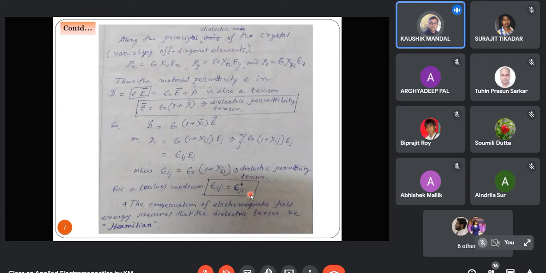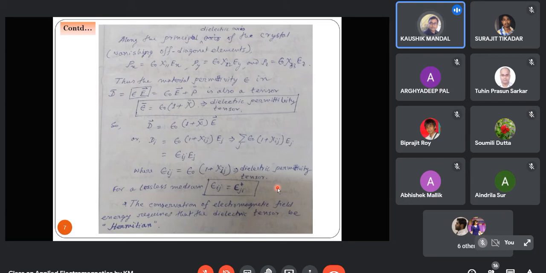They should be Hermitian in nature because if the corresponding material has to follow the conservation of electromagnetic field energy, in that case this dielectric permittivity tensor must be Hermitian in nature. In the next few slides, we will prove how these dielectric permittivity tensors are Hermitian in nature and they are equal.